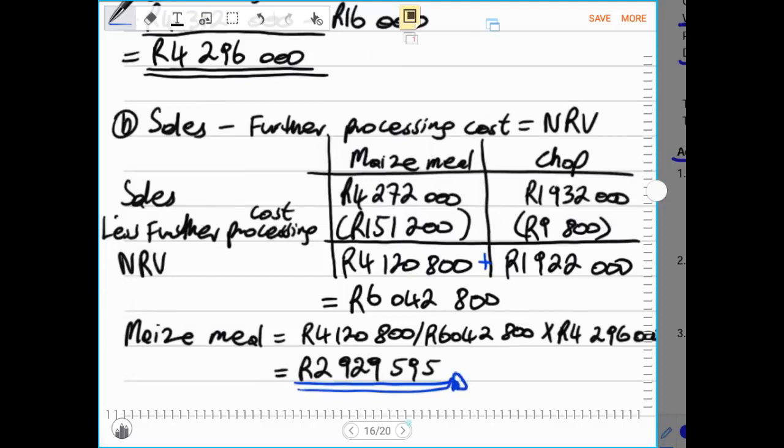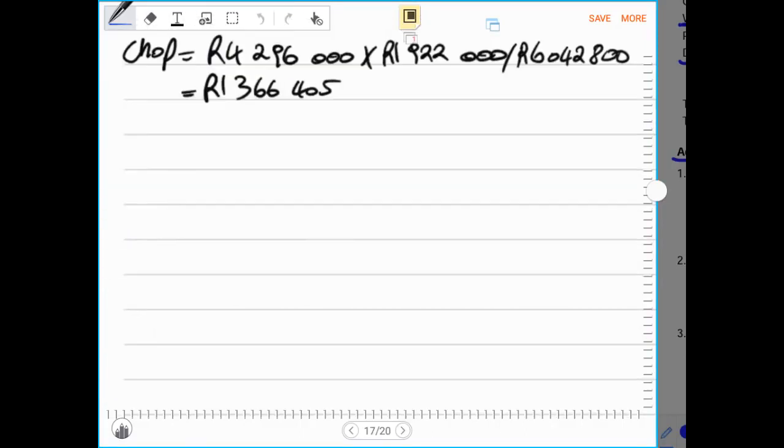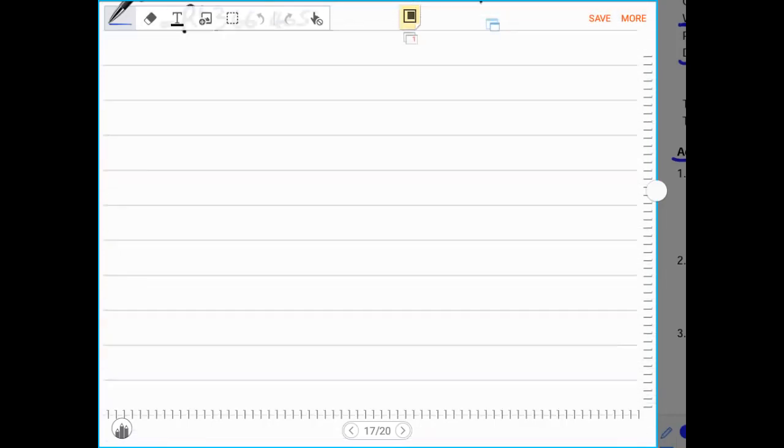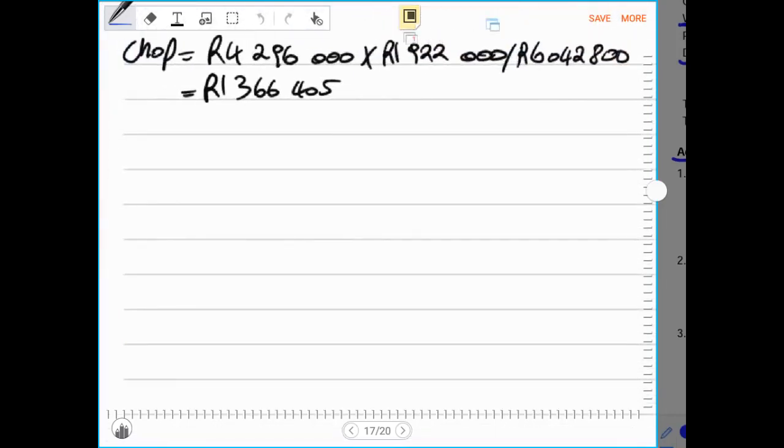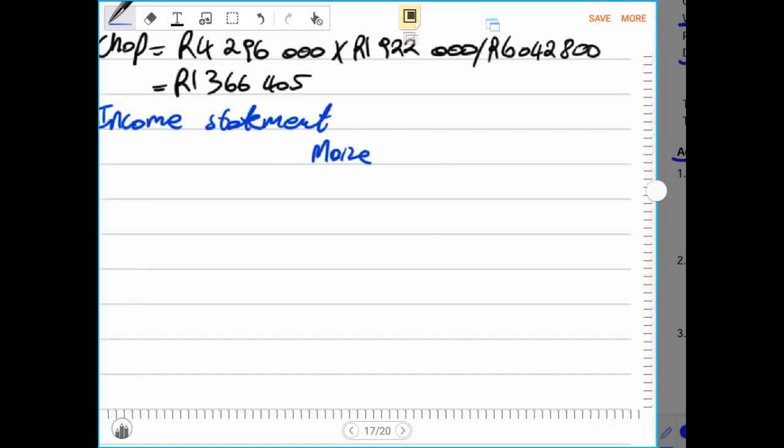So now that I have allocated the joint cost, from now I can do the income statement. Let me do the income statement. I was just doing the workings above. Income statement. And remember, income statement is for the two products. Is maize, and the next product is chop.